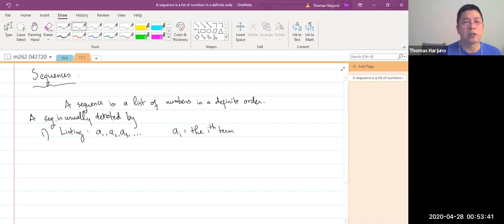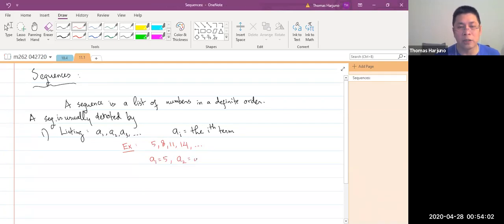For example, take the list 5, 8, 11, 14, and so on. The first term of this sequence is 5, the second term is 8, the third term is 11, and so on and so forth.